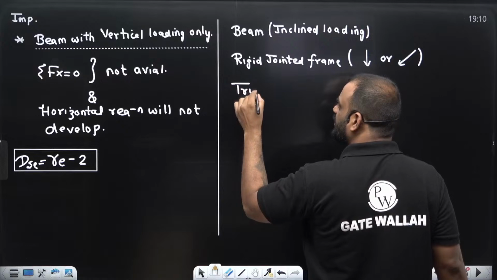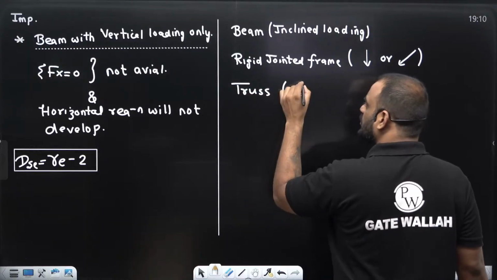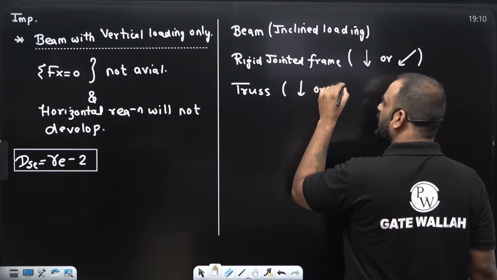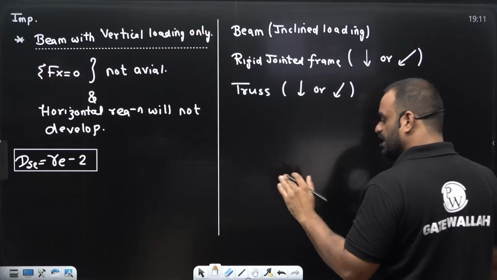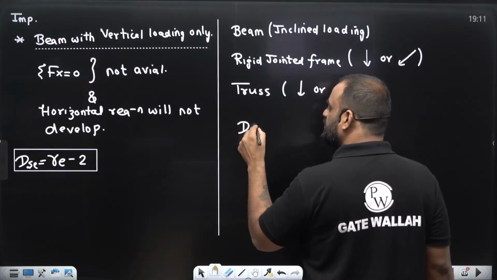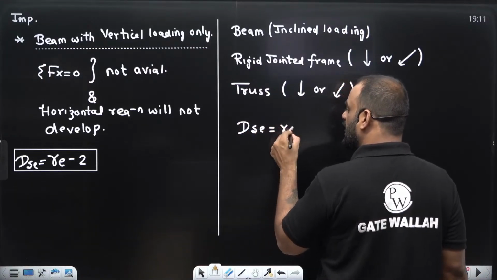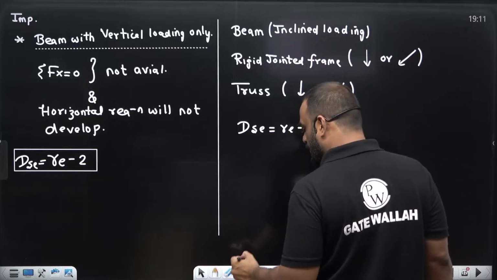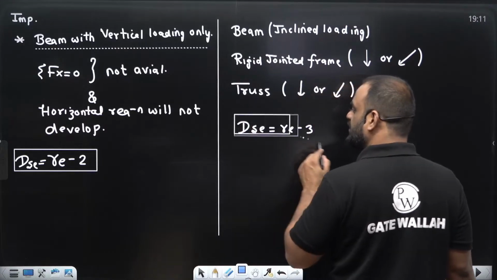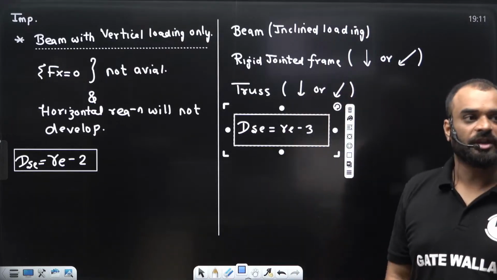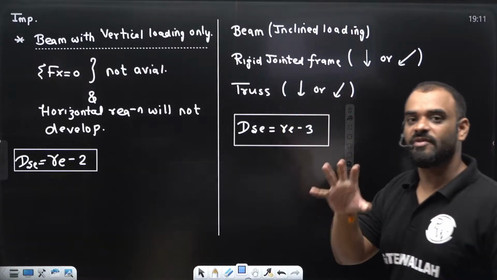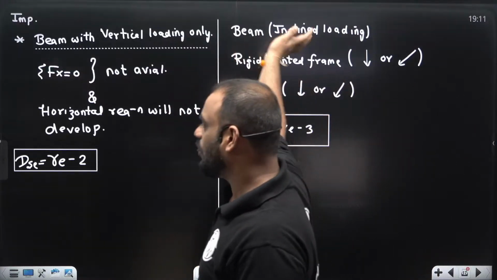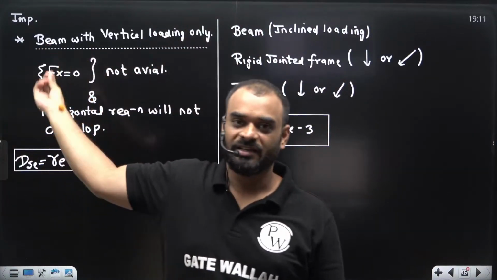Similarly, if you have a truss in which loading is vertical or inclined, again it doesn't matter. You need to write down the formula, which is basically DSC is equal to Re minus 3. And you need to develop all the reactions in case of truss and in case of rigid jointed frame. And this is the conclusion which we want to understand after understanding all the pages which we have discussed in our previous slide.